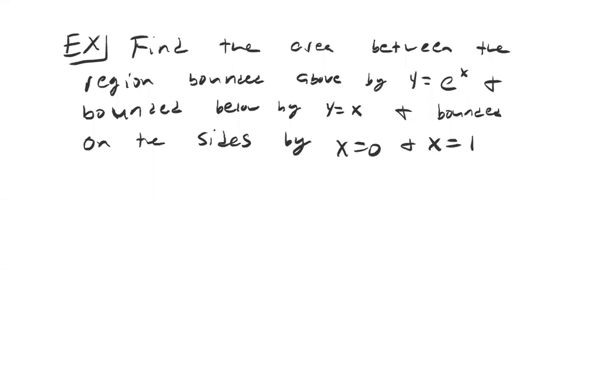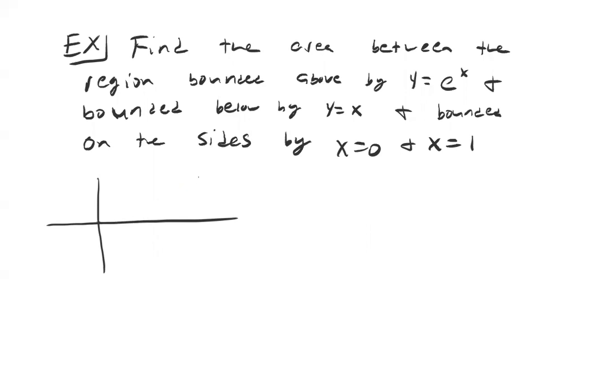Okay, so let's draw a picture just so we can see what's going on. All right, so I have y equals e to the x. It's going to look like that. Y equals x. Sorry, I've drawn that wrong.